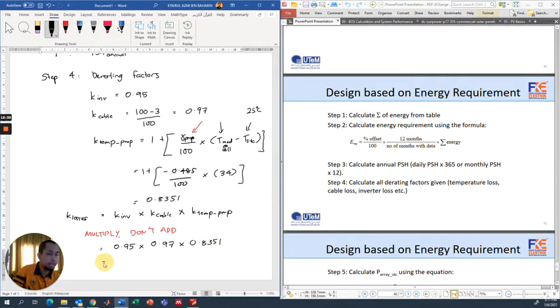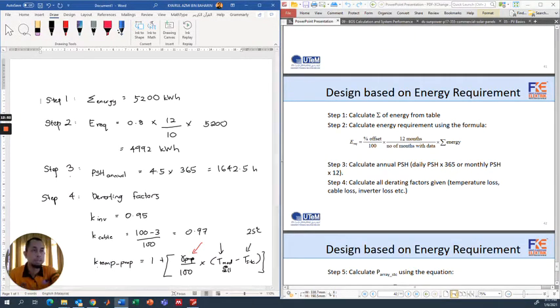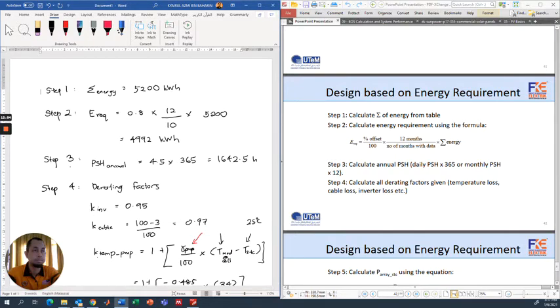And I get the total will be 0.7695, I think. So I rounded it to the second decimal point. Okay, I need to open a new page, I think.